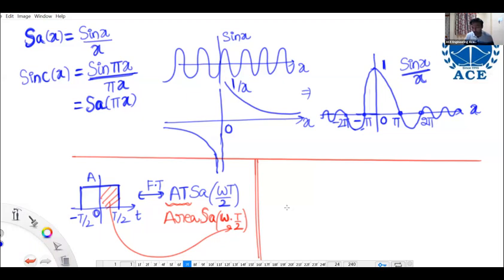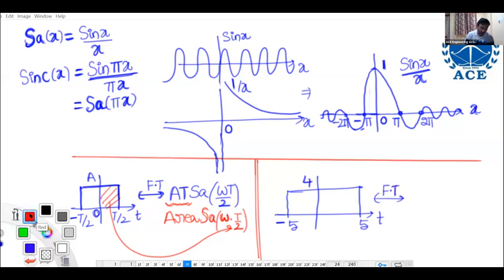So, on your own, tell me this answer. Suppose I have taken a symmetrical rectangle from minus 5 to 5 with amplitude 4. How can I write the answer directly? First the area term.